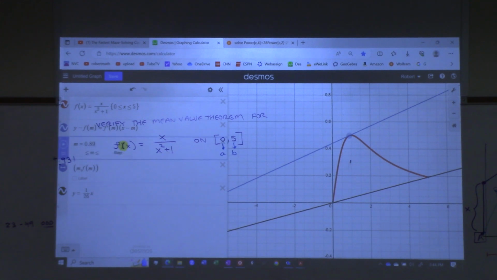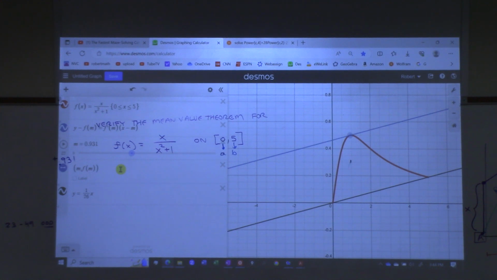To make this really nice, I'm going to go 0.9 there and 0.98. That way I can really refine it. You see it going there? If I go 0.931, right around there. Look pretty parallel to you?